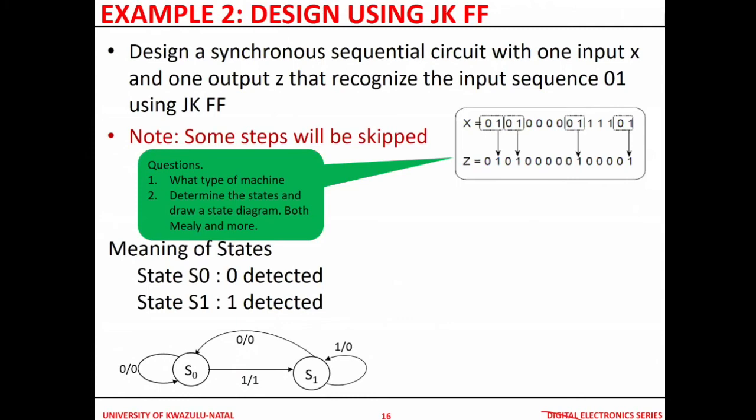You just want, when 0 1 comes, a 1. It did not say 0 1 1. Are you getting the question? Okay. Just 0 1. Just recognizing a sequence 0 1. Are we okay there?